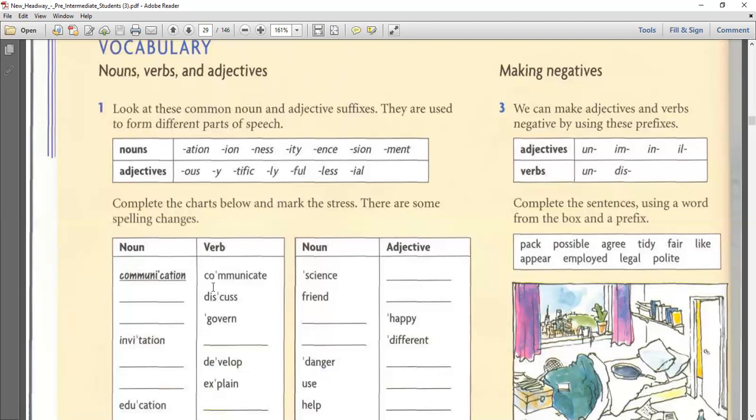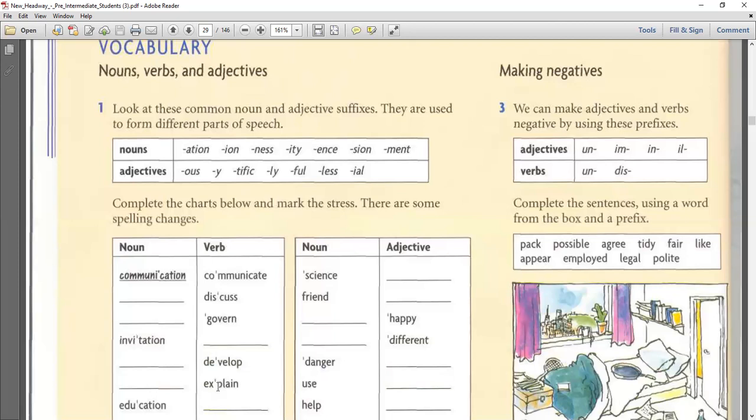Communication, we have communicate, the noun is communication. Discuss, discussion. This discussion, this suffix. Okay. Govern, government, this suffix. Invitation, invite. Develop, development. هنخلي هذه السفكس، هذه اللاحقة حتى للفعل حتى يتحول إلى اسم.